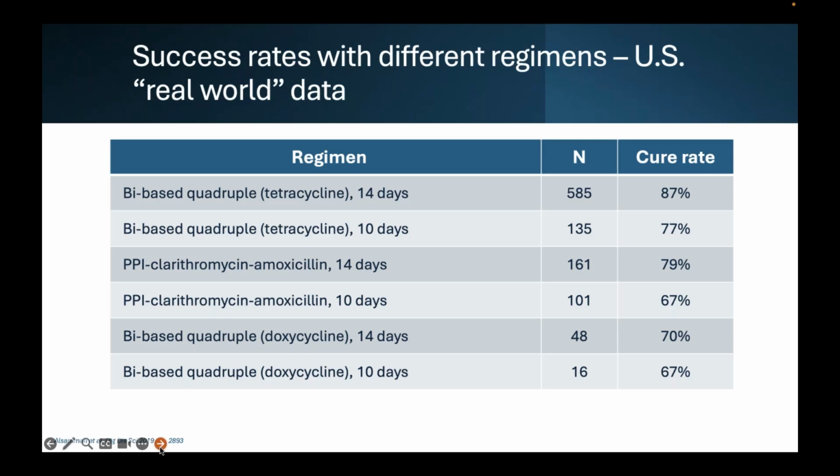You'll notice that for any of the 3 regimens listed on this slide, reducing the duration of treatment from 14 days to 10 days resulted in a reduction in the overall cure rate. And at the bottom of the slide, although the numbers are limited, you can see that when doxycycline is used in place of tetracycline, the eradication rates are lower than when tetracycline is used. Next slide, please.